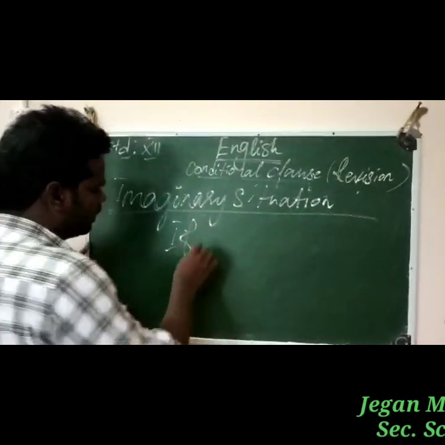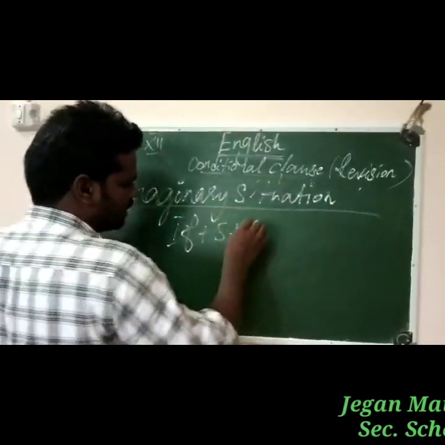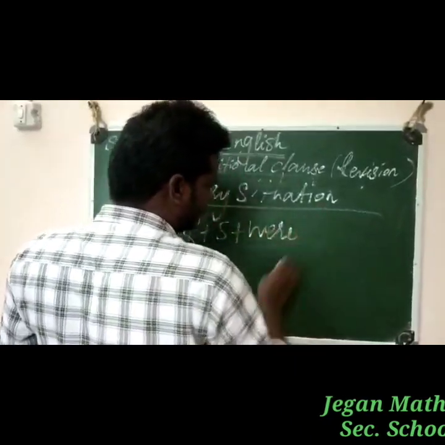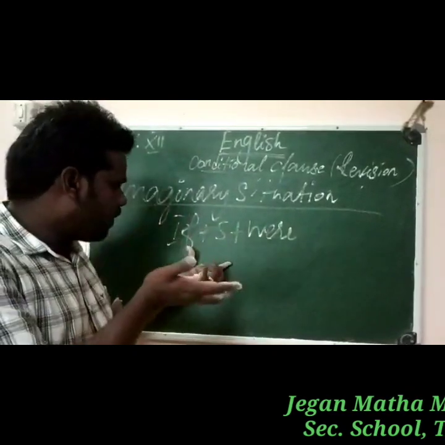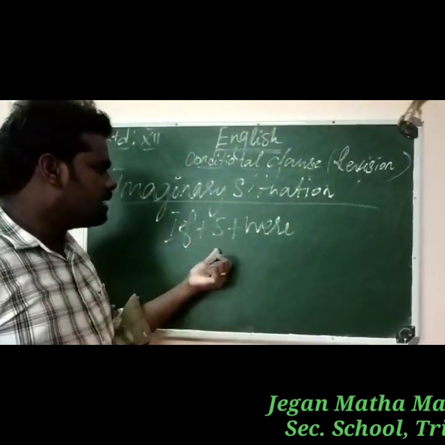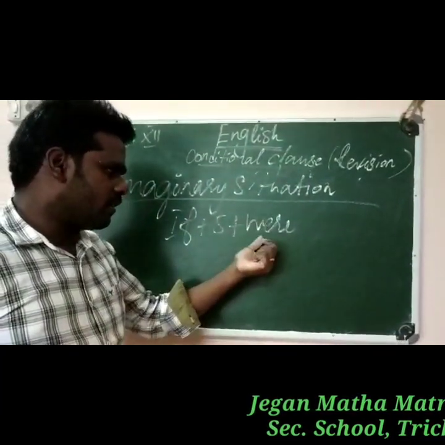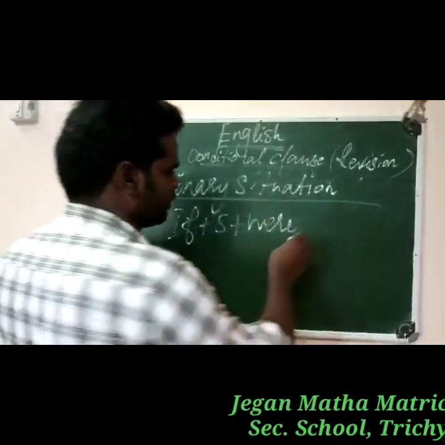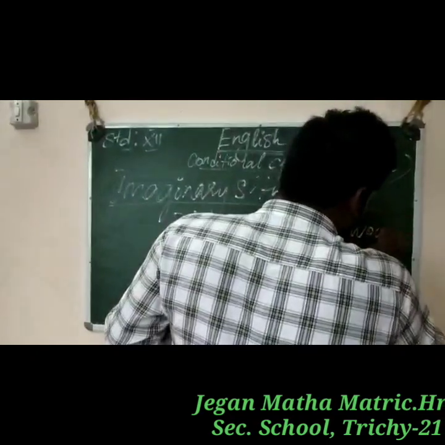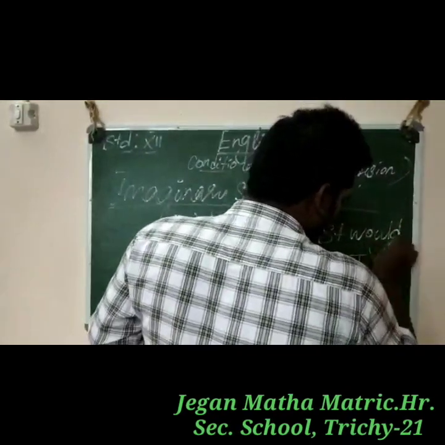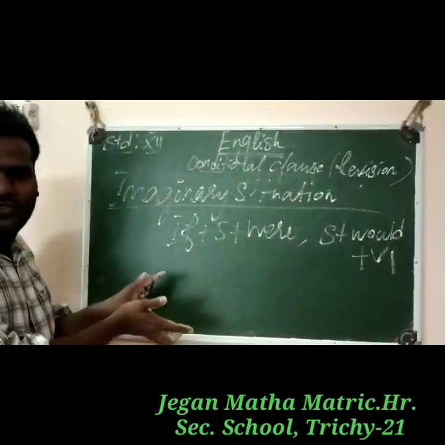If plus subject plus verb. So if at the beginning of the sentence is the condition part: if plus subject plus verb. The result part is subject plus would plus V1.